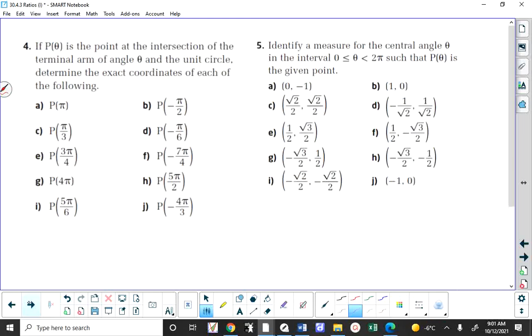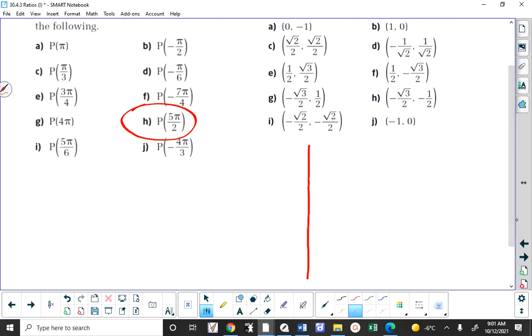So what are we asked? We're asked for the coordinates of the point on the unit circle, and you're asking about this one. Okay. So P of 5 pi over 2. The first thing that you want to do when we're talking about rotation angles is make sure you're aware that there's a difference between, they're connected, but there's a difference between an angle and a location.